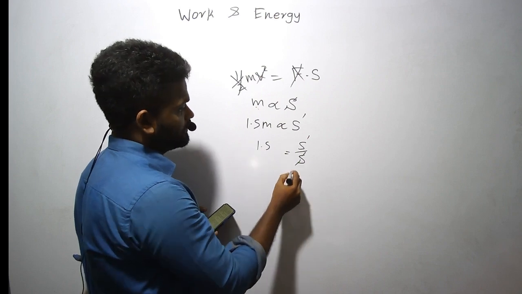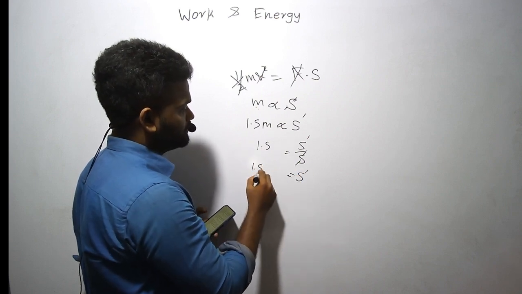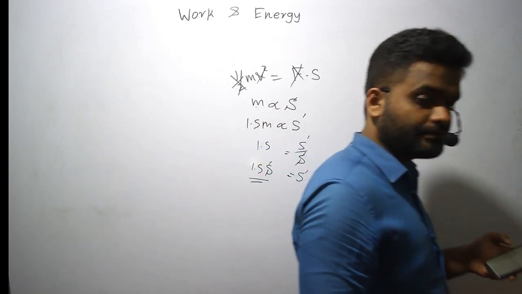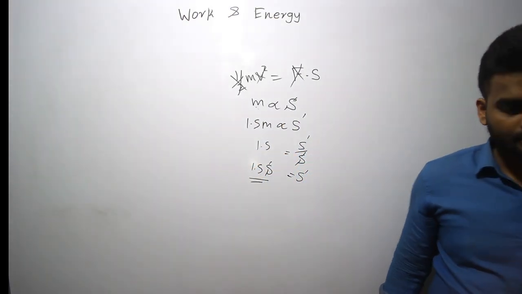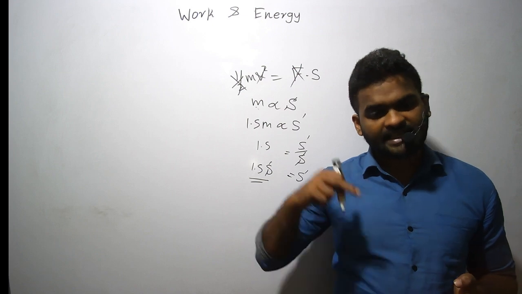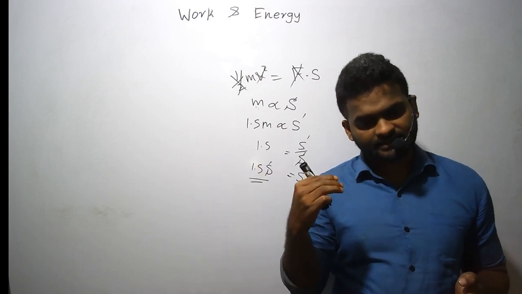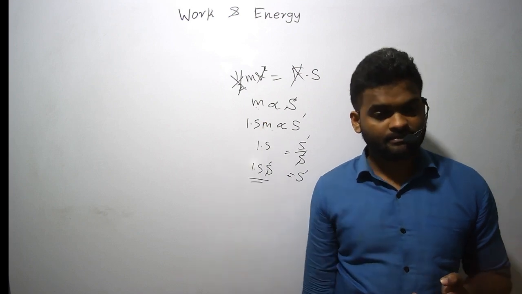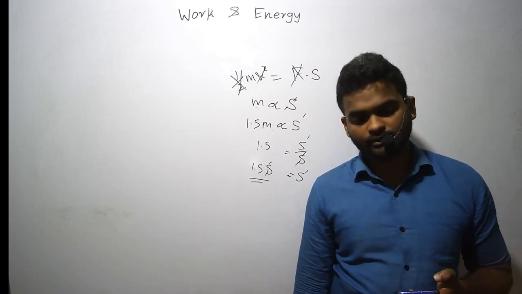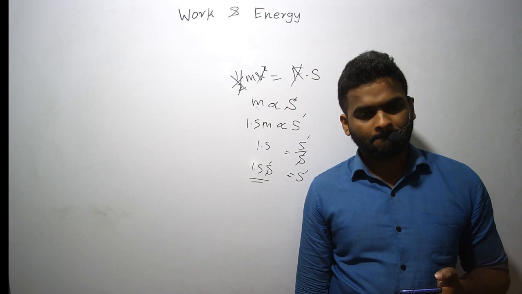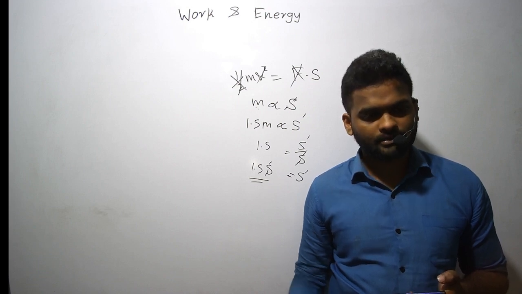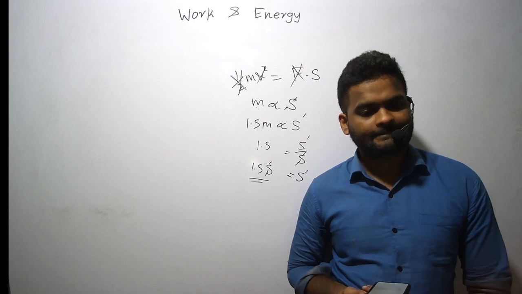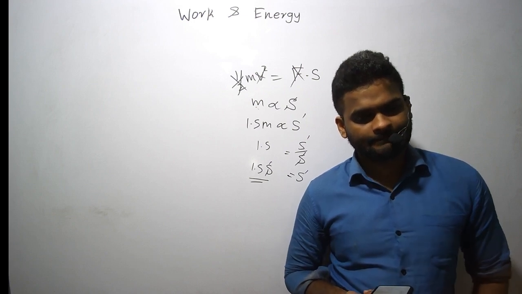So s dash is 1.5 s. 0.5 is increased, right? So you have to add 1 plus 0.5 to get the new mass. Mass has to increase, right? Not decrease. Understood?